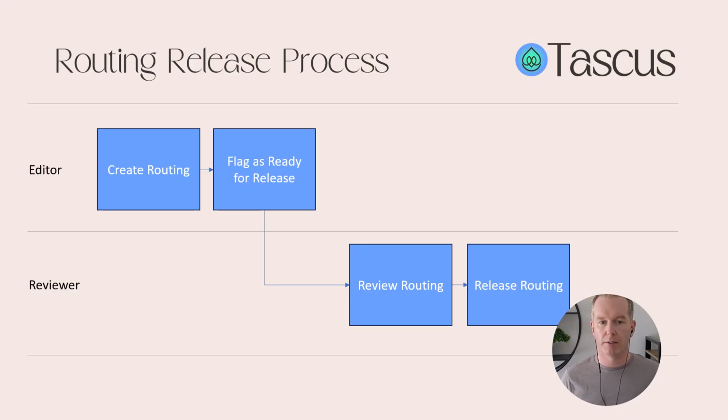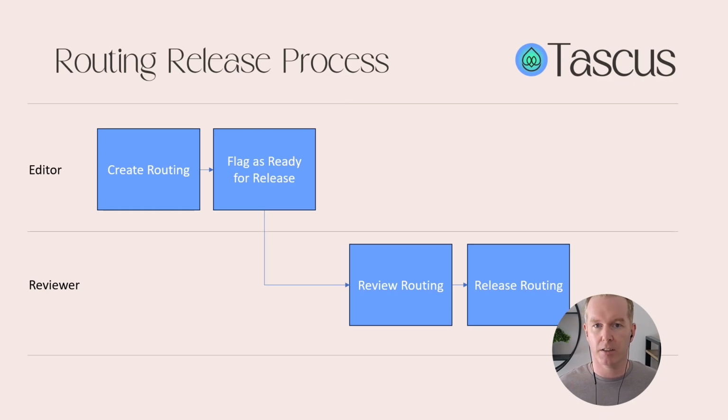Let's talk about routings now. We have a very similar process for routings. So I previously just showed you how to release a sequence, so one set of work instructions for an operation. What you can also do is, for the routing, as in the manufacturing operation and what sequence runs, you can also do a release of that.